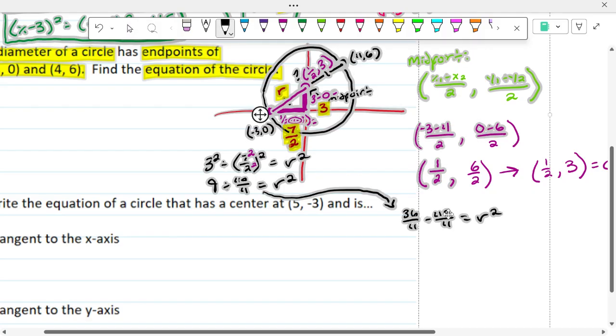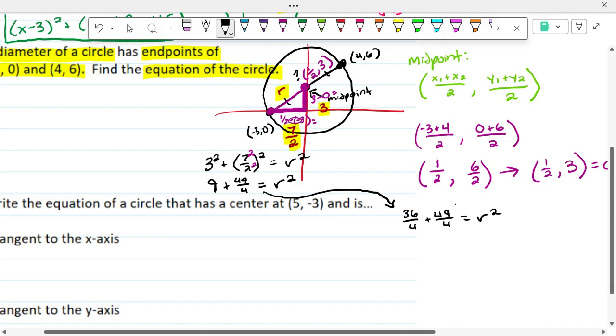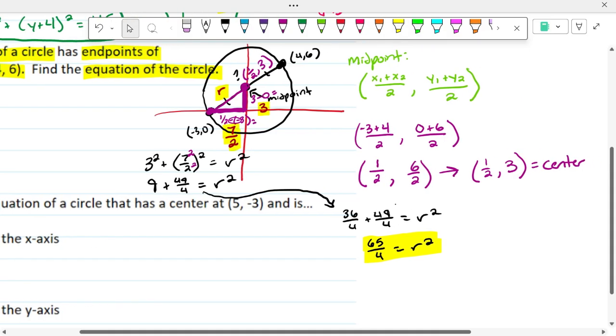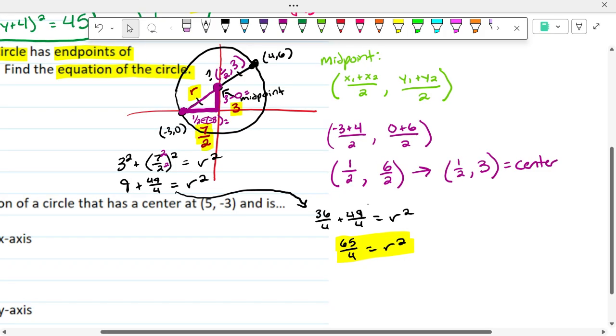So 36 plus 49, that would be 65 over 4 is equal to r squared. And I'll be perfectly honest, we're going to stop here for r squared. We're not going to take the square root or anything. We're just going to leave it like that. You could if you want to, but you'd end up having to square it back anyway for the equation. Oh, it's 85, not 65. My bad.